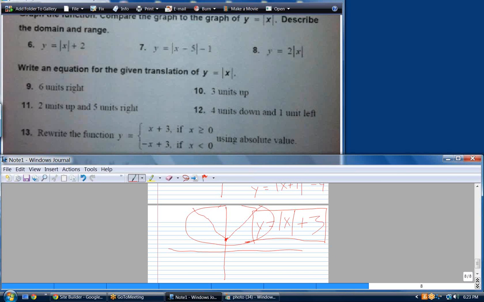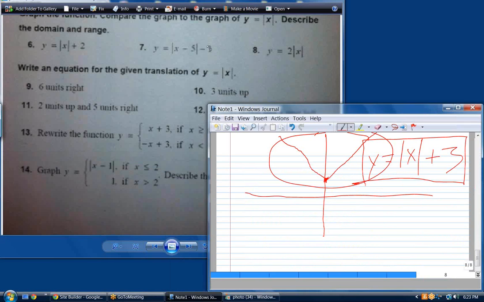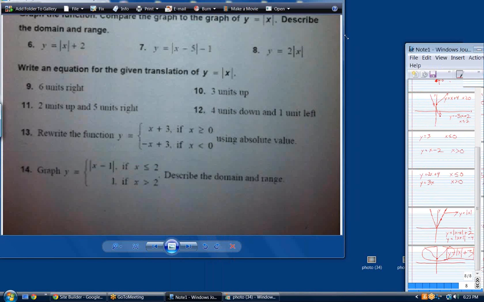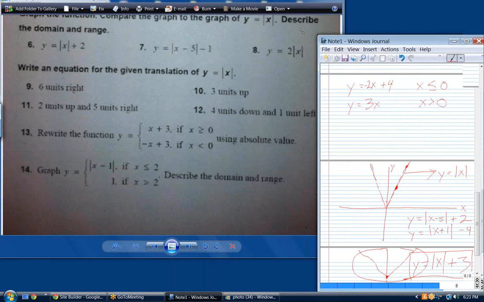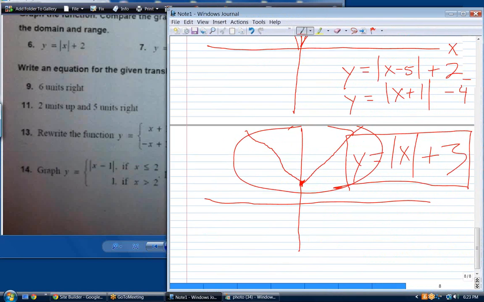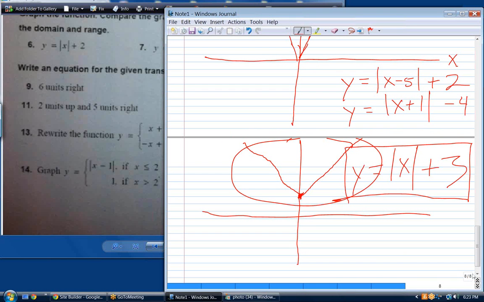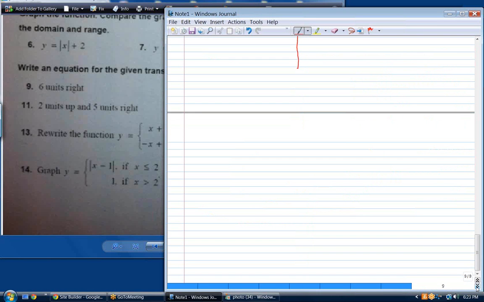All right, let me describe the domain and range of this. Okay, well, let's graph it. That's always the best way to get a handle on domain and range.